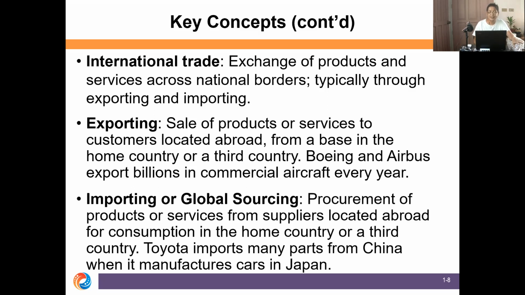And that is a concept in international business. Global sourcing. You source out your materials, your labor, or technology from other countries because it is better to source out. It's cheaper to source out than to manufacture it themselves ng mga countries na yun.